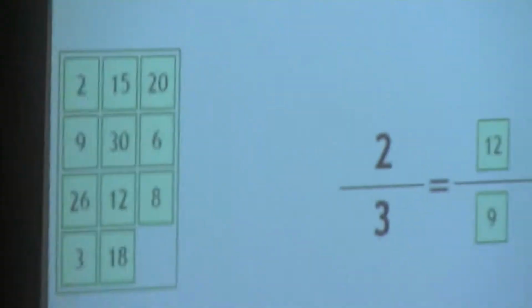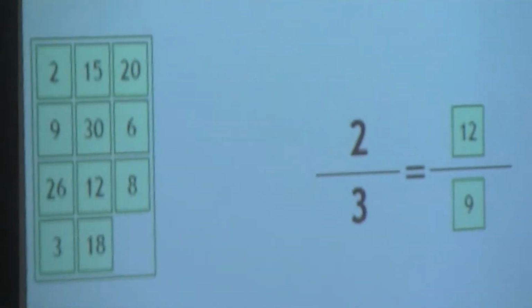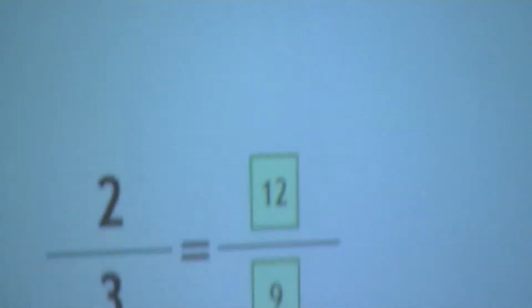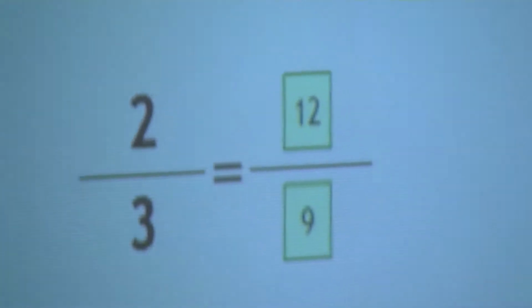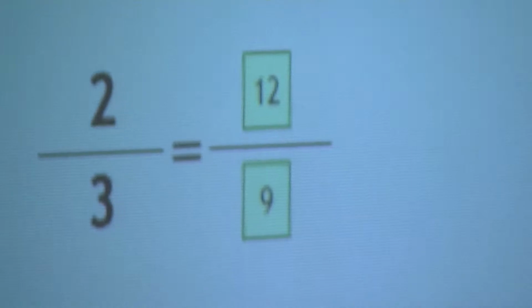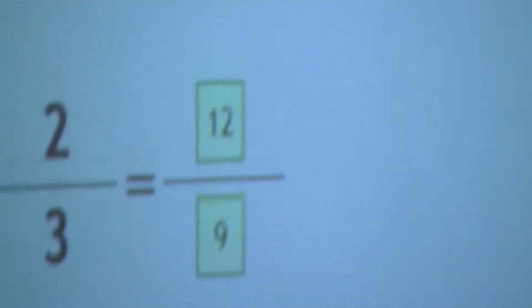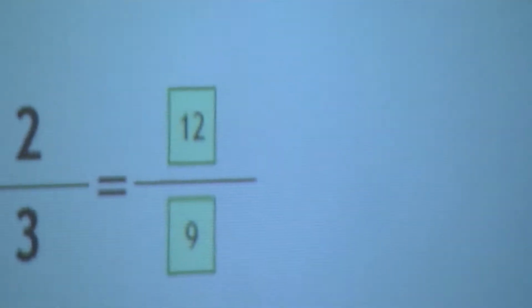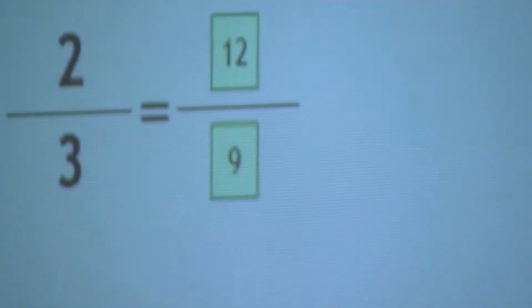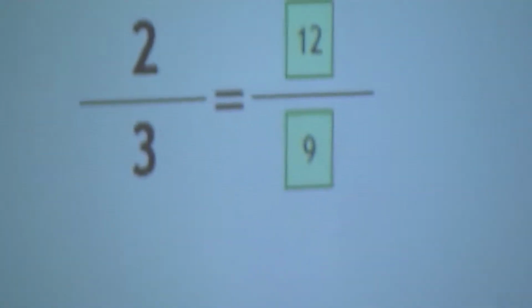Okay, tell me about that. 6 times 2 is definitely 12. 6 plus 3 is 9. Do you notice how when you said it, you said multiply, but really you multiplied one and added one, right? Remember, scale factors mean we have to multiply.